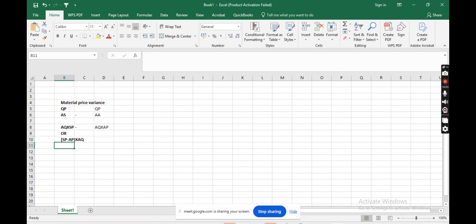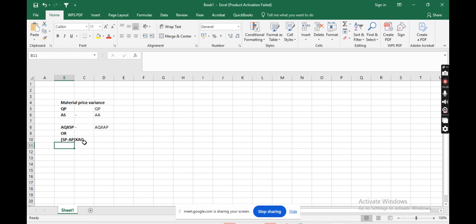It is quantity, right? And that is why we say actual quantity times the standard price. You can see AQ, that is actual quantity, SP, standard price, and AP is actual price.